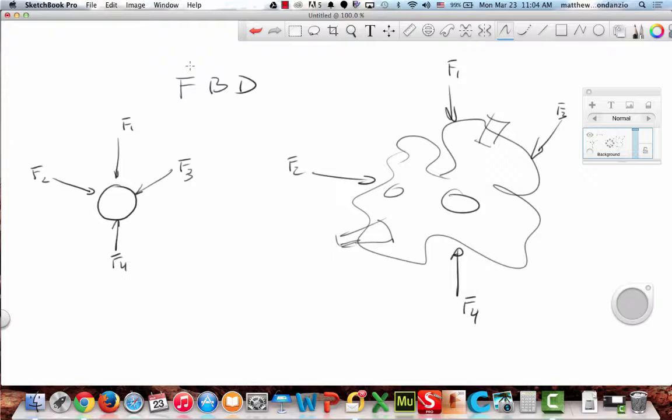Okay. Let's assume F1 and F4 are vertical. What about F2 and F3? Are they horizontal, vertical? What are they? They're a combo. So what do we know about forces in the vertical and horizontal direction?